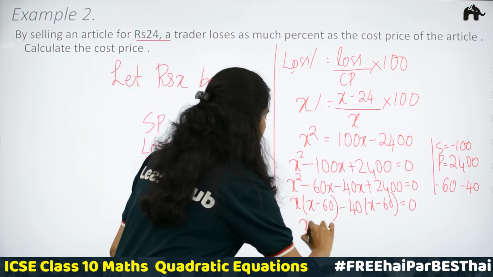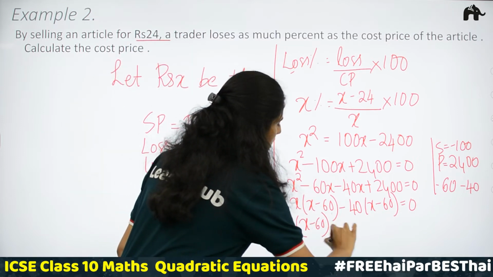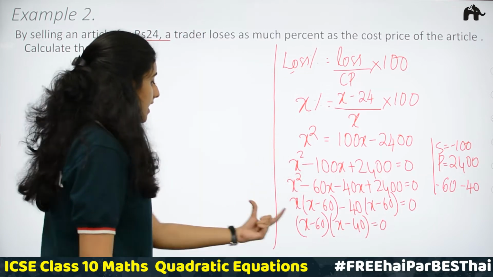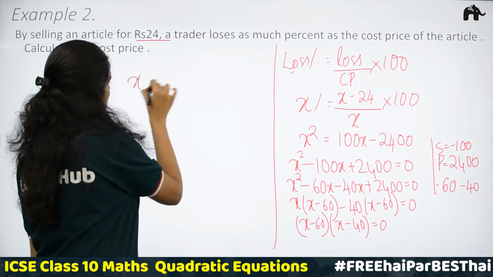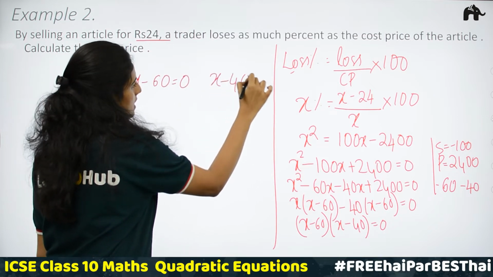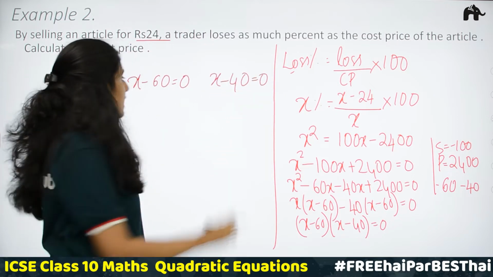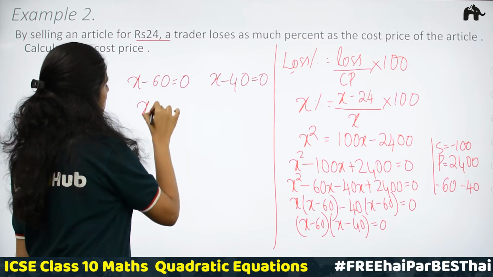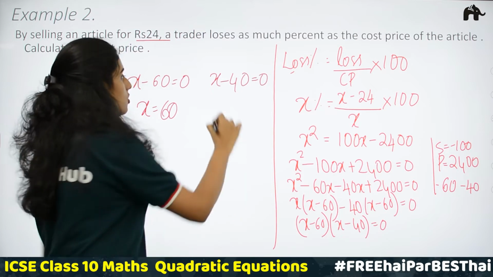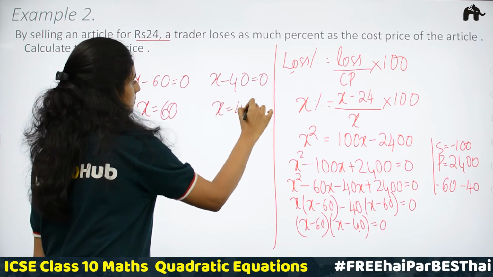Or X minus 60 into X minus 40 is equal to 0. Either X minus 60 is equal to 0 or X minus 40 is equal to 0. If X minus 60 is equal to 0, then X is equal to 60. If X minus 40 is equal to 0, then X is equal to 40.